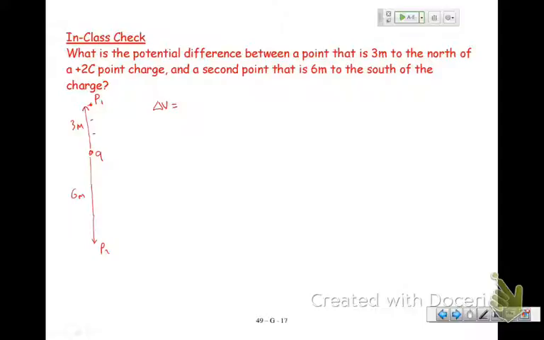Well, potential difference is equal to, what we say, k_e Q. There's only one charge, so it can't be Q1, Q2, can it? It can't be big Q, little q. There's just one charge. And then what was it? Potentials go 1 over r, don't they? But this is a potential difference.